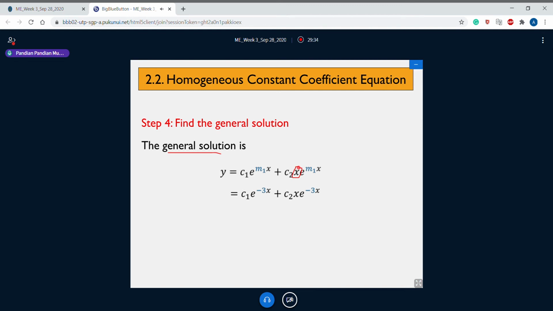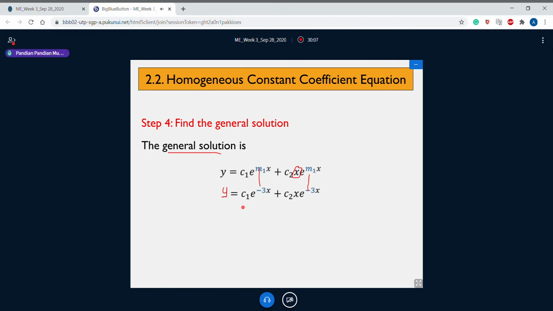Because this x will make two independent solutions, the y2 does not depend on y1, so it is an independent solution. So you put x e^(m1 x). The final solution y will be y = C1 e^(m1 x), where m1 is -3, plus C2 x e^(m1 x), because m2 is also -3.